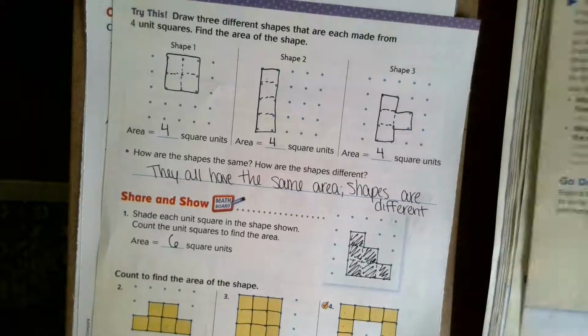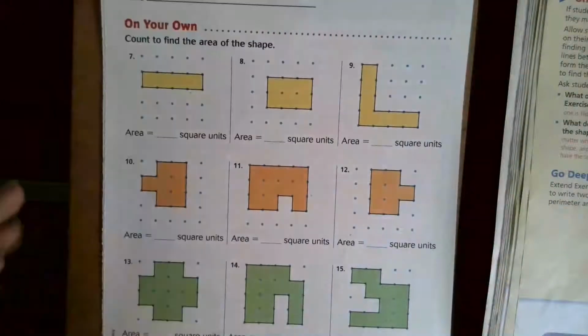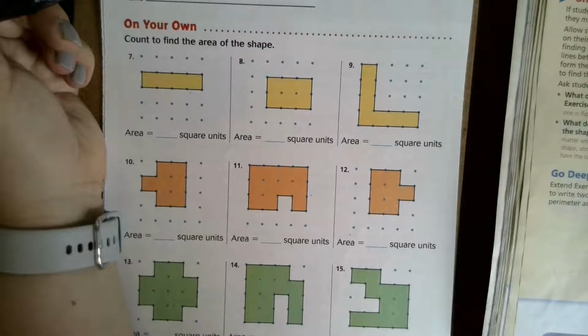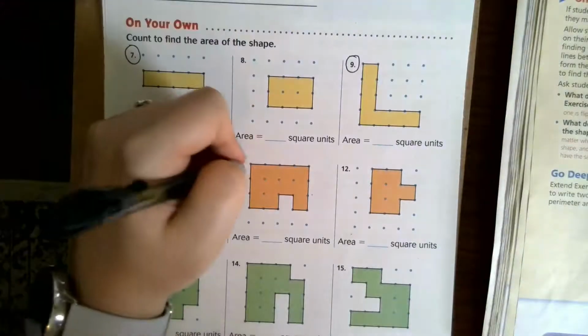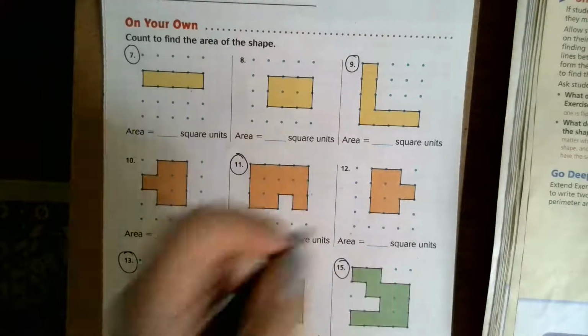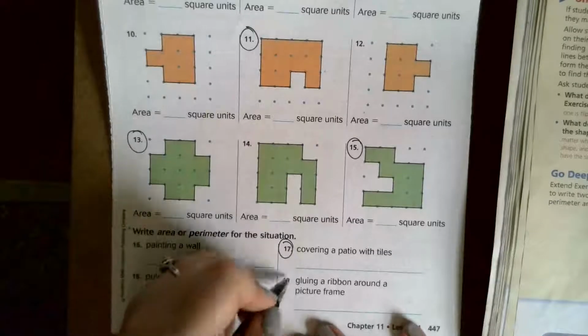Now, I want you to try a few on your own. We'll do the odd questions. So 7, 9, 11, 13, 15, 17, and 19.